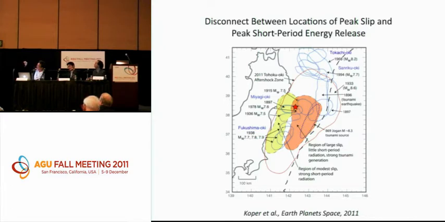We think this was happening at the plate interface, which has a depth of maybe 40 or 50 kilometers at this position. So this was very shallow. This is what led to the tsunami, as you heard in the previous presentation. And this energy, we think, is what caused a lot of the ground shaking over here, some of the strong accelerations on the coast.